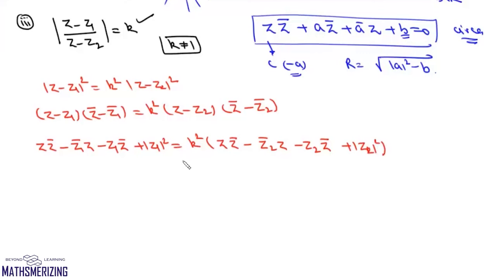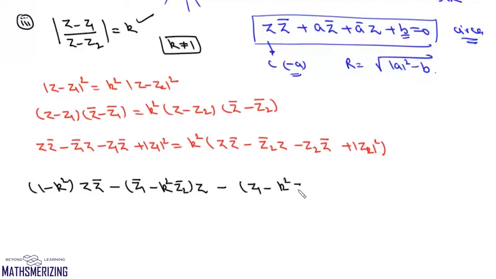Now we take everything on the left hand side, then we can write (1 − k²) z z̄ − (z̄1 − k² z̄2) z − (z1 − k² z2) z̄ + |z1|² − k²|z2|² = 0.